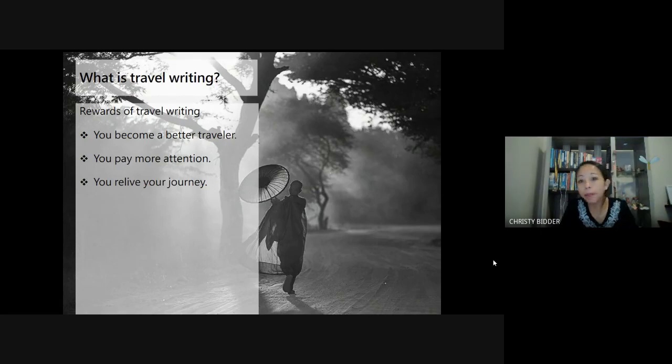You become a better traveler because you pay more attention to details, big and small, when you travel. When you pay more attention, you engage all your senses. You take down notes, etc. When you pay more attention, you experience more.